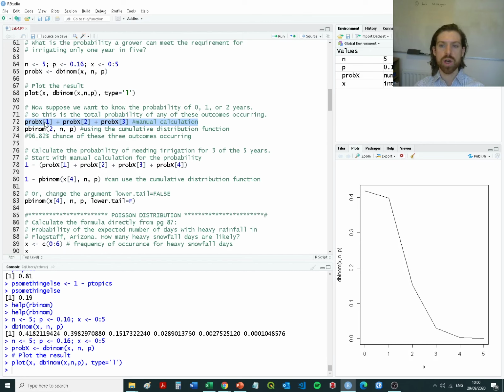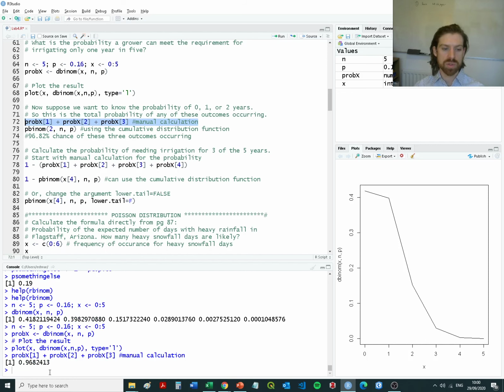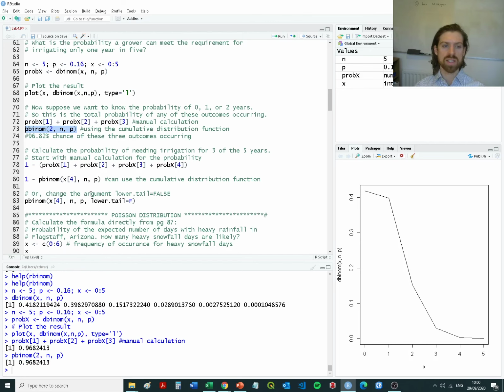And actually, if we add up the 0, the 1, and the 2-year outcome, we're able to get a probability of 0.968, so it's about 96.8% chance that these outcomes will occur. Okay, so it's highly likely that you'll only have irrigation for these first few outcomes, and then the probability starts to really drop off as you get to the more multi-year drought effects over a 5-year period, that is.